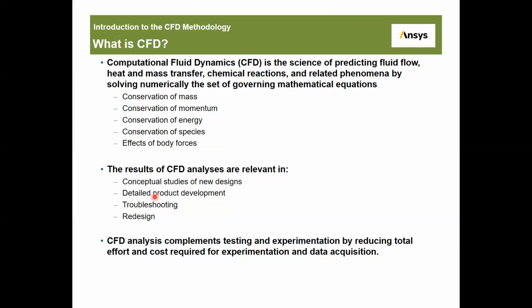It will be dangerous, but you can do some simulation. Then we can come up with the solutions. That is called troubleshooting, and if we want to redesign, we can also use the simulations, right?